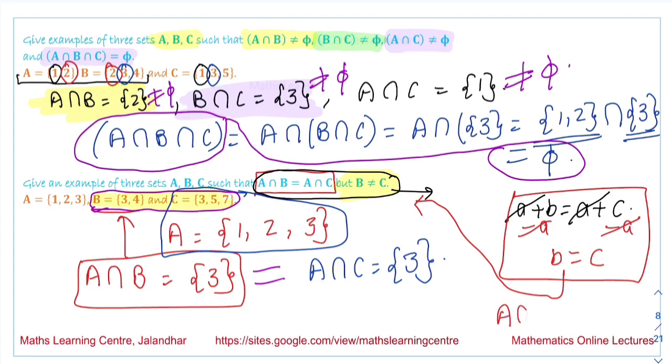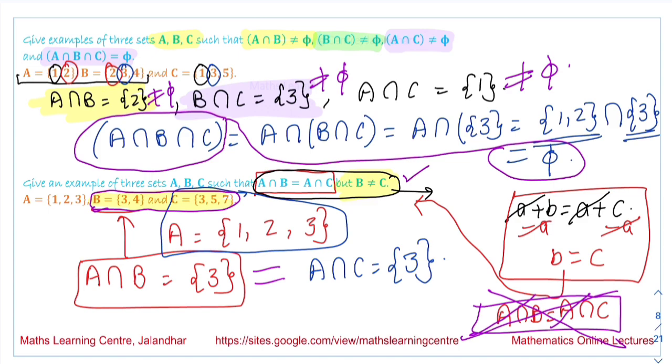We are saying that A intersection B is equal to A intersection C, but you cannot cancel the A to get B is equal to C. This kind of result does not hold for sets.